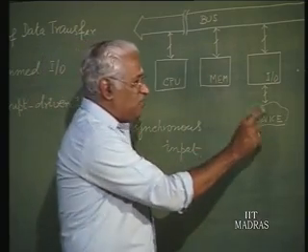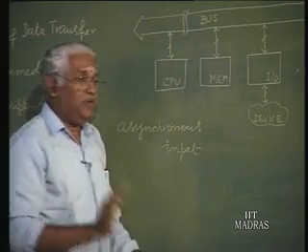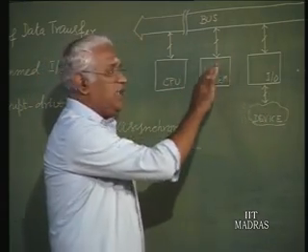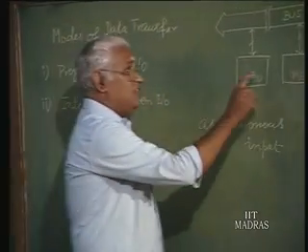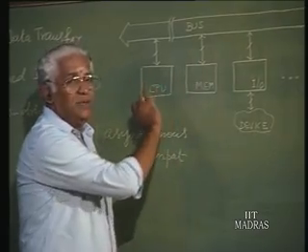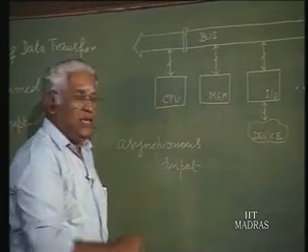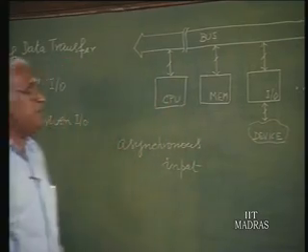Now, when the device is very fast and is generating a bulk of data, it is meaningful to allow the device to put the data, say, in the memory directly. Coming directly means the CPU is not involved, something else must come. Why? Because the CPU is always considered the master of the bus, is it not? If the CPU is cut off, something else must mastermind the whole process.